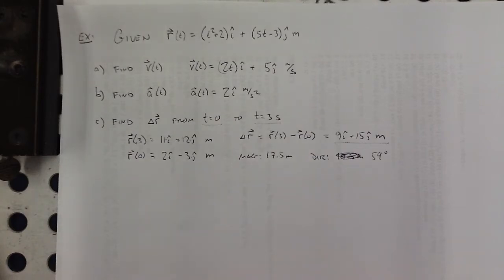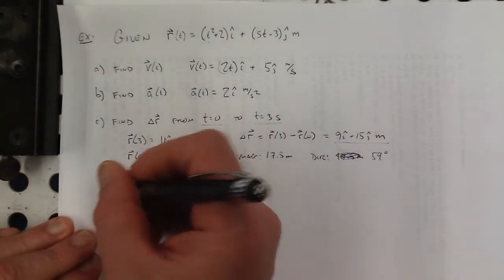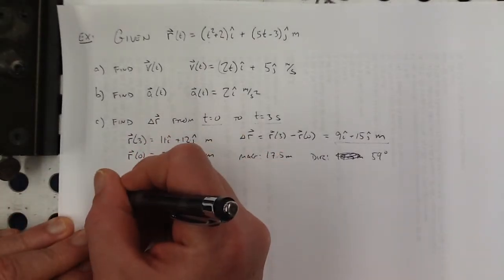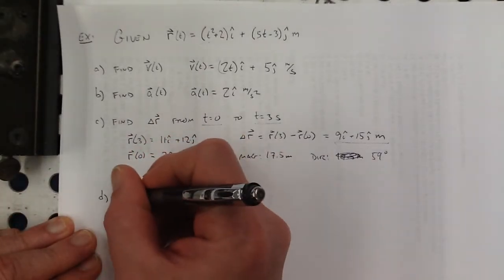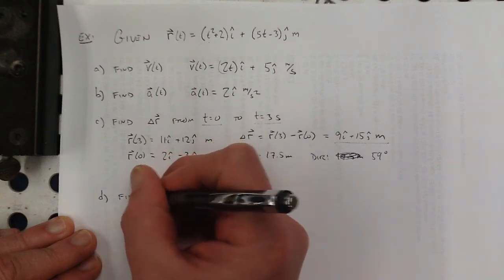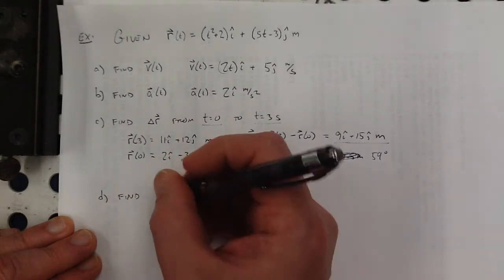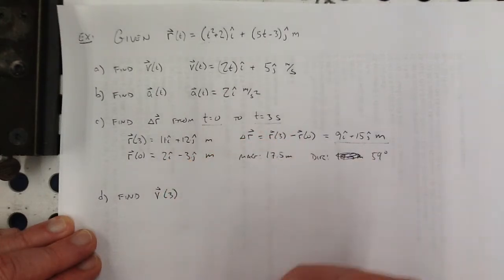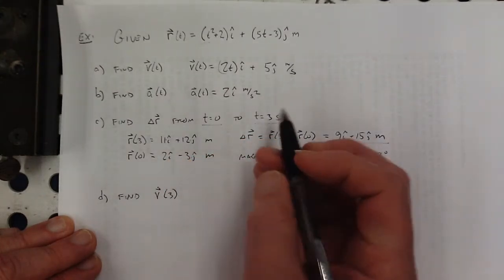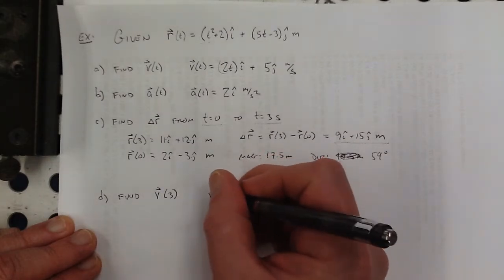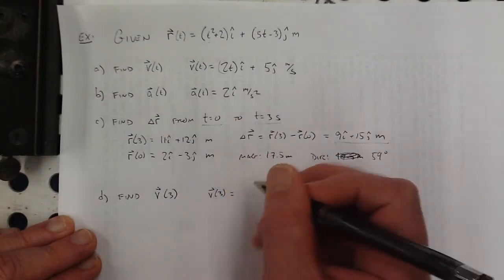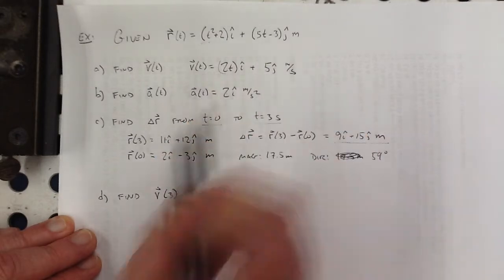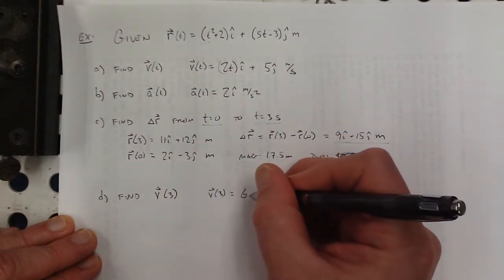All right. Let's see. How about if we compare the instantaneous velocity at time 3, which is very easy to find now that we have our velocity function.